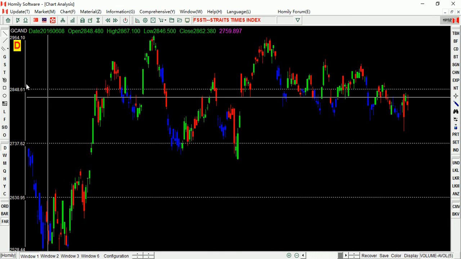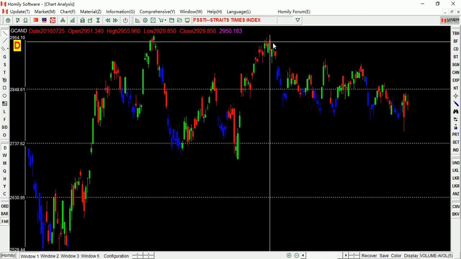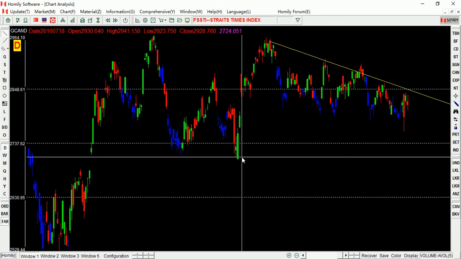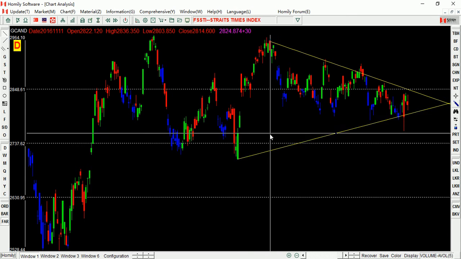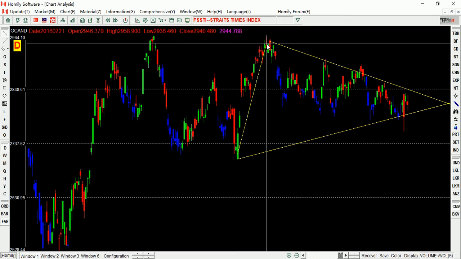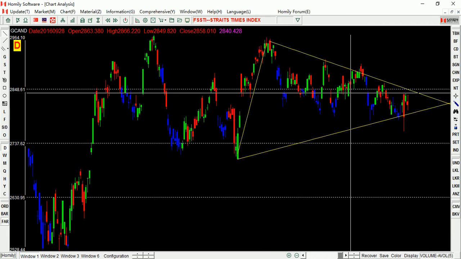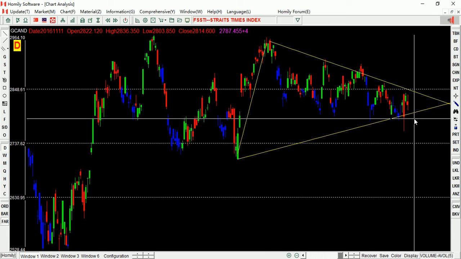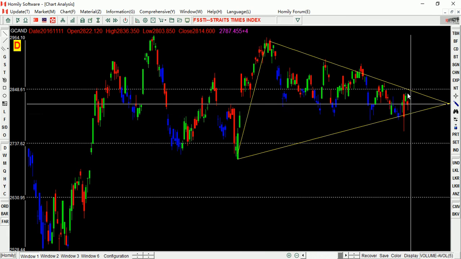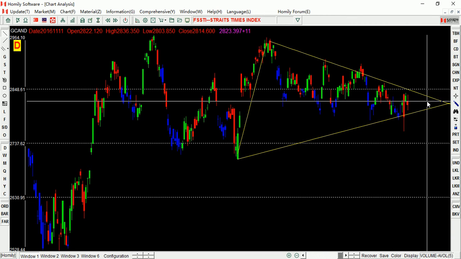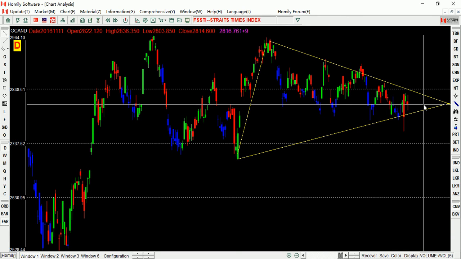Then you can draw the line at the high point and the low point. The price is still sideways in a triangle pattern. If you see the price fall below the triangle pattern, you should sell. If the price is still sideways, you can keep waiting and see.